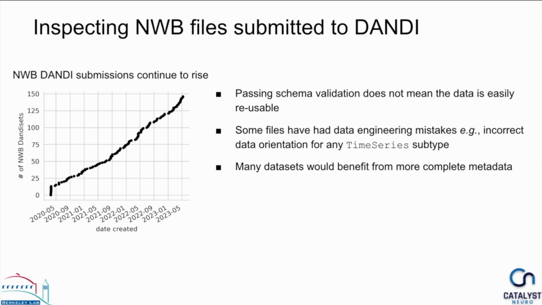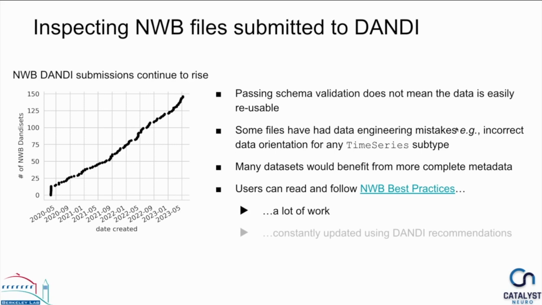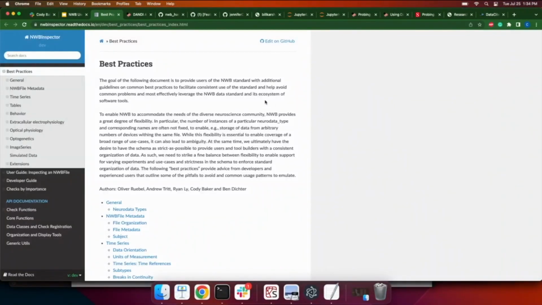And in general, lots of data sets, I think every data set, even the ones I've made, could always benefit from more complete metadata. Now, you can, as users, read and follow the official NWB best practices, but I'll show you in just a second, it's a lot of work. It's also being constantly updated against DANDI recommendations, like on a weekly basis they come back to us with things.